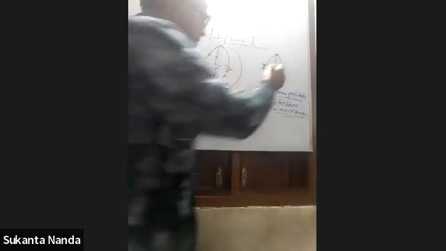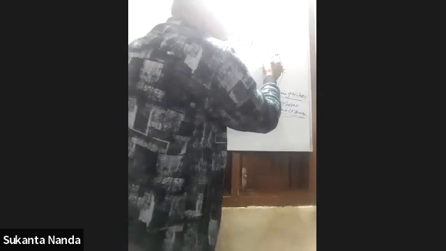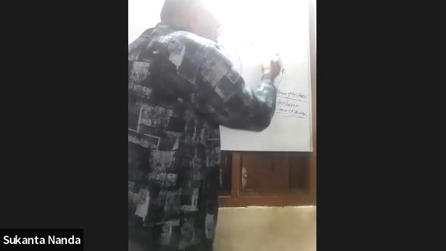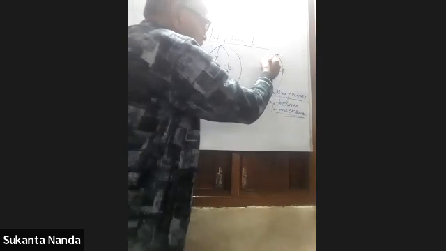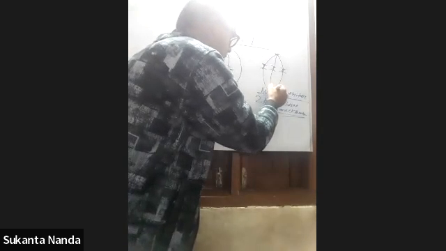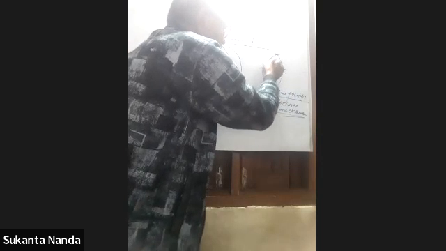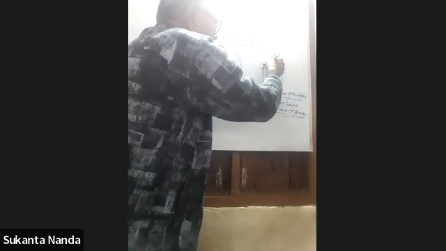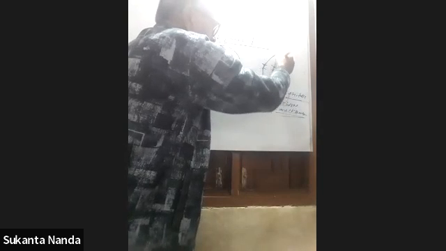But in this case, each chromosome has two kinetochores. A spindle fiber goes here and touches this point, and another touches the other kinetochore.